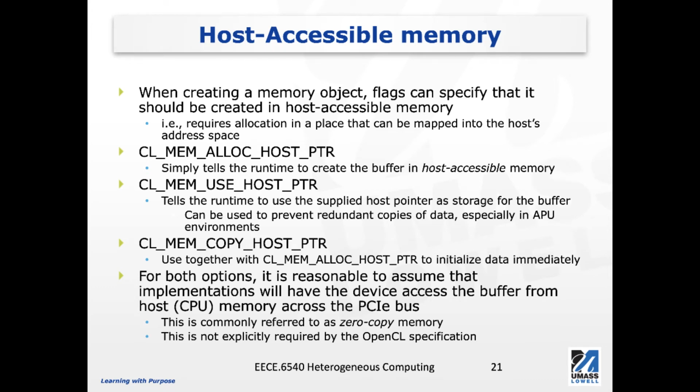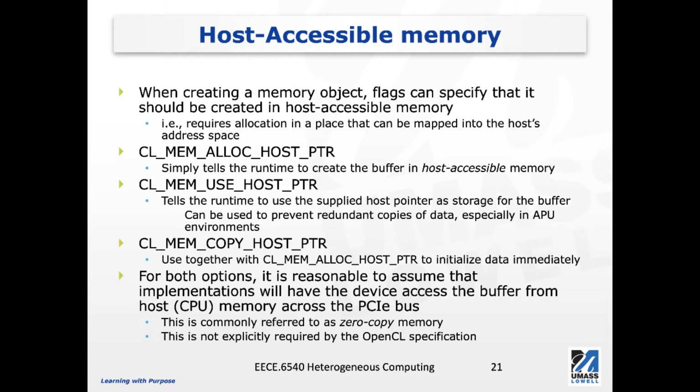Now let's talk about host accessible memory. When you create a memory object, you can use a flag to specify that this memory object should be created in a host accessible memory. Now, the host accessible memory is not necessarily on the host. If on the device side you have a memory space that is accessible to the host, you can also assume that OpenCL can use that part of the memory.